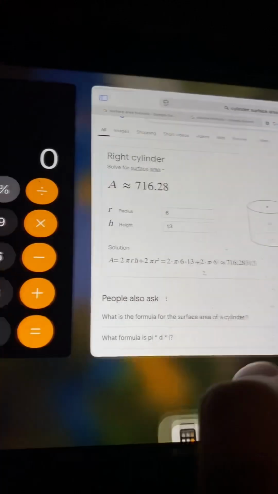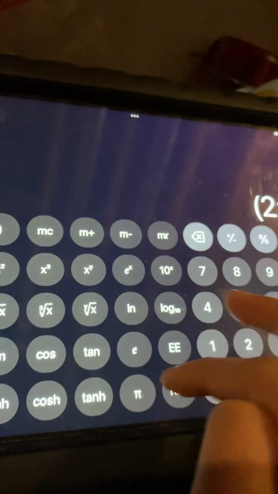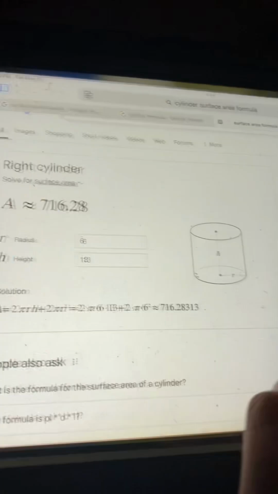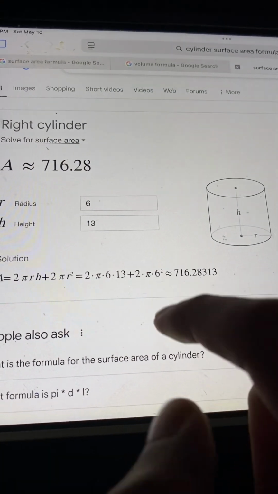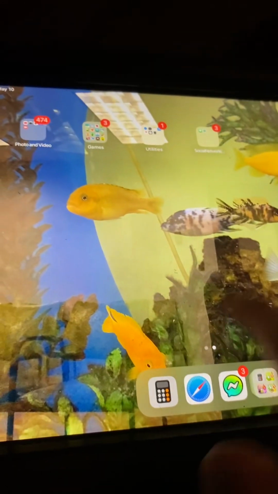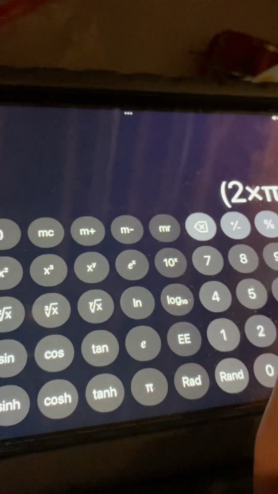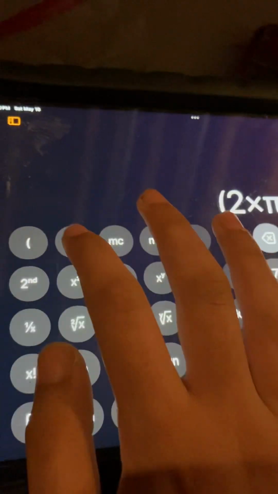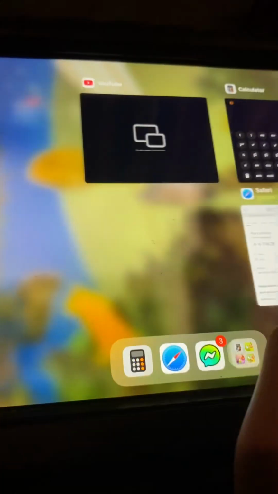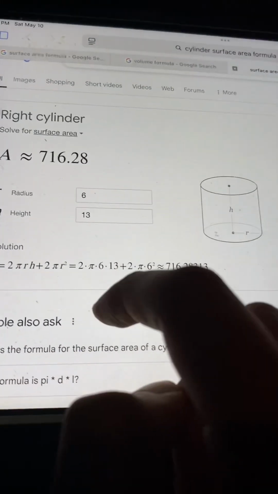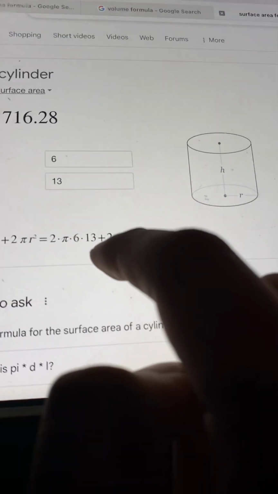Putting it in parentheses is very helpful for me, but it's not always necessary. 2 times pi, that's the first step, and then times 6 times 13, remember, because 6 is the radius and 13 is the height.